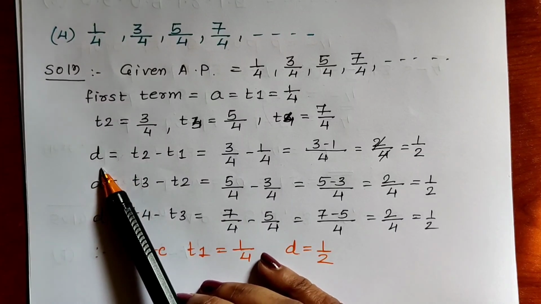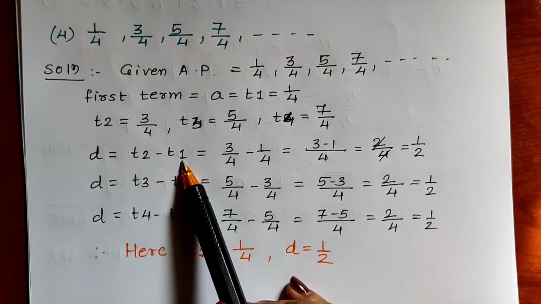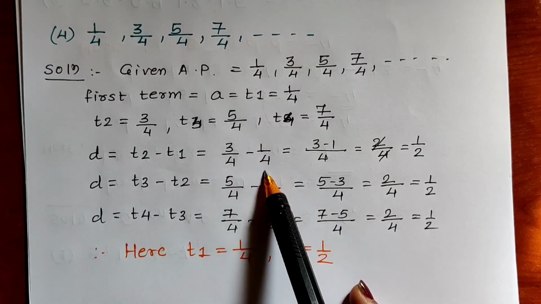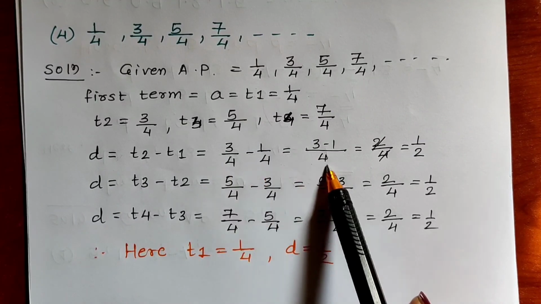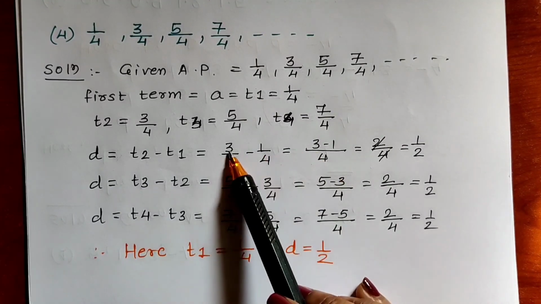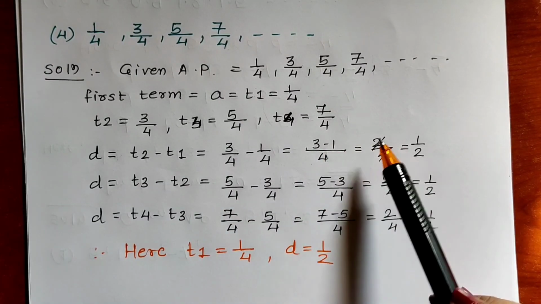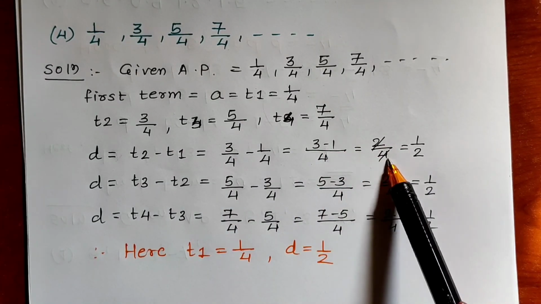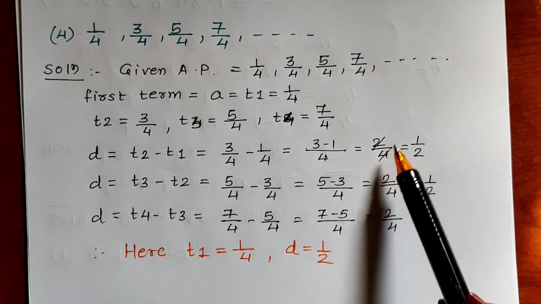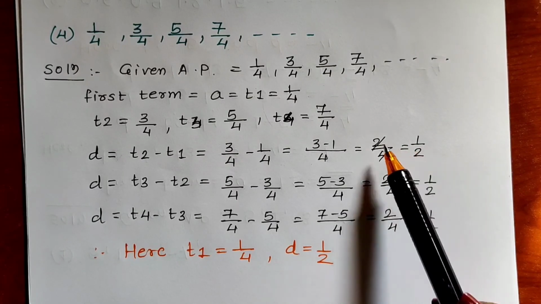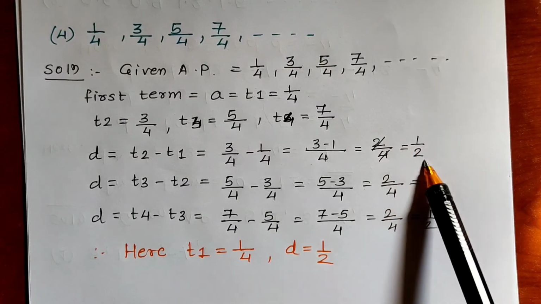Now D, the common difference, is T2 minus T1. So 3 upon 4 minus 1 upon 4. 4 is the common denominator, we write it one time, and in the numerator we write 3 minus 1. 3 minus 1 is 2 upon 4, so we can cancel it. 2 ones are 2, 2 twos are 4. So the answer is 1 upon 2.